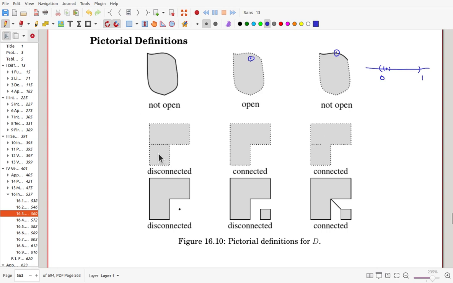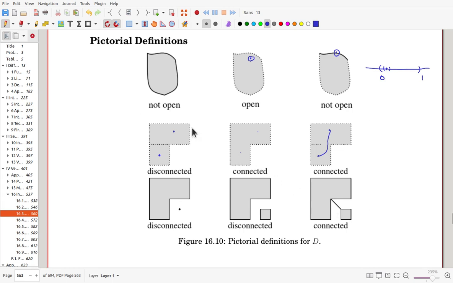For this one, if we choose these two points, we cannot connect from here to there, because crossing this line would be outside of the region. But for this one, we can connect any two points. So these are connected, and this one is disconnected. This one is again disconnected, but this one is connected.